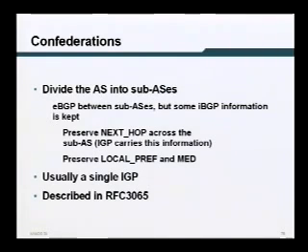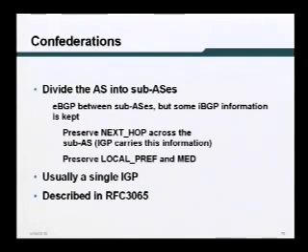Confederations are a different approach. What they do is try to take your autonomous system and split it up into lots of small networks. So rather than using the route reflector cluster idea, you're splitting all these chunks of your network up into identifiable pieces.